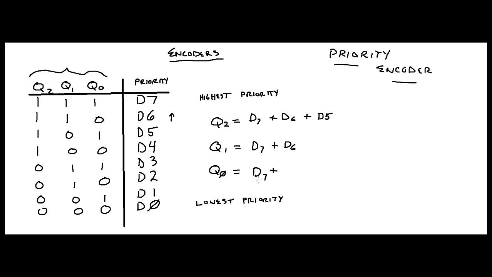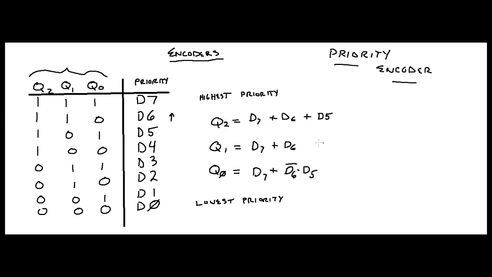So if you're looking at Q0, what you would have is D6 bar. If D6 is low and D5 is high, then you would output D5. Get it? You have to look at both. If you don't, it wouldn't work, right?